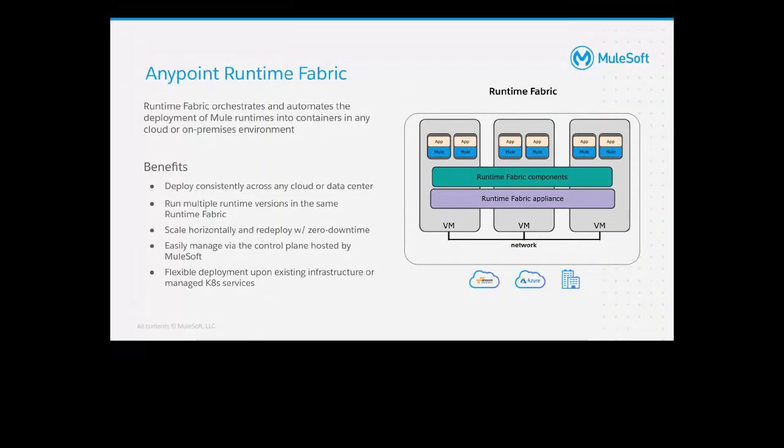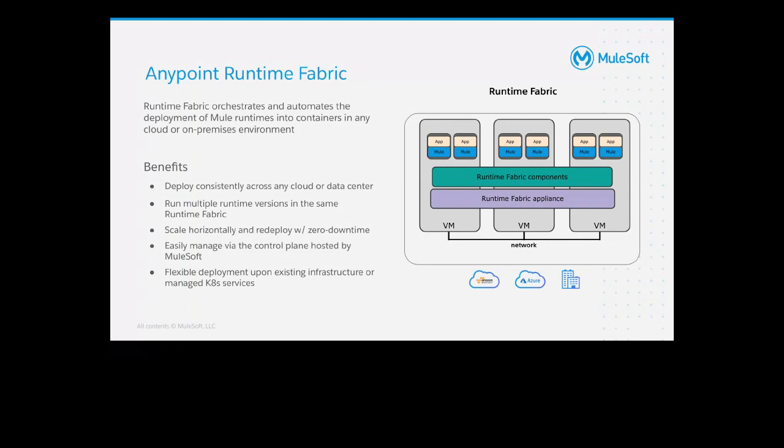So Anypoint Runtime Fabric, what are the advantages? What are the benefits of using Runtime Fabric over standalone runtimes? Well, first of all, I mentioned it earlier, the horizontal scaling and vertical scaling.